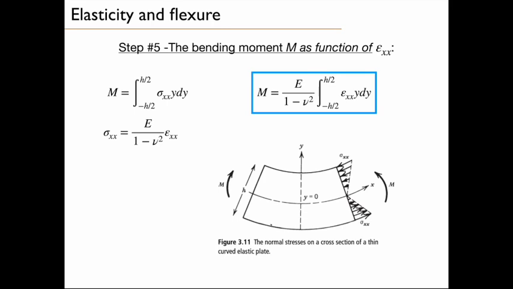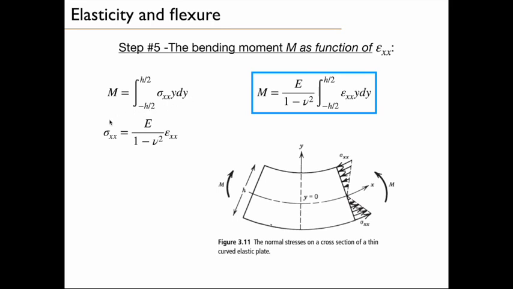In step number 5, we want to relate the bending moment m as a function of epsilon xx. So we want to relate bending moment to horizontal strain. So the bending moment is the integral over the plate thickness, so from minus h divided by 2 to h divided by 2, h being the plate thickness, of sigma xx times y dy.